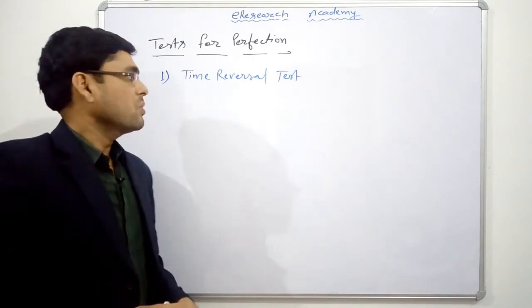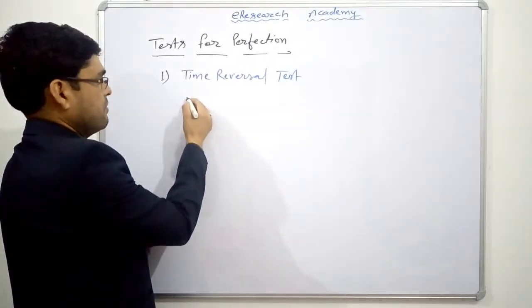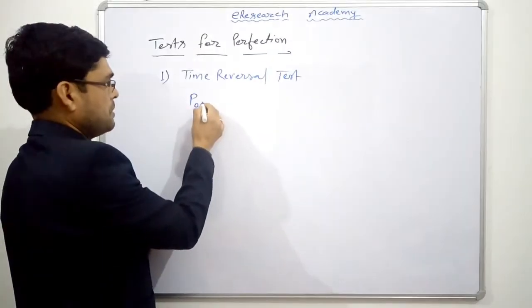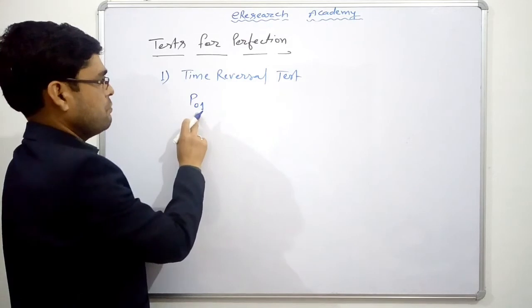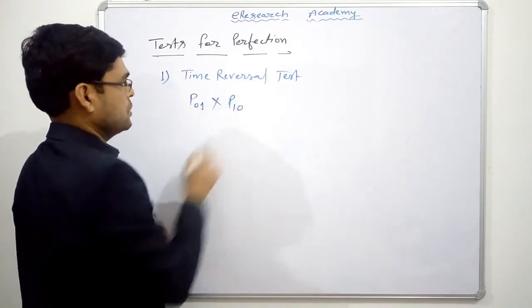Technically, what he suggested is that if our test gives us P01, and if we reverse the base, that becomes P10.